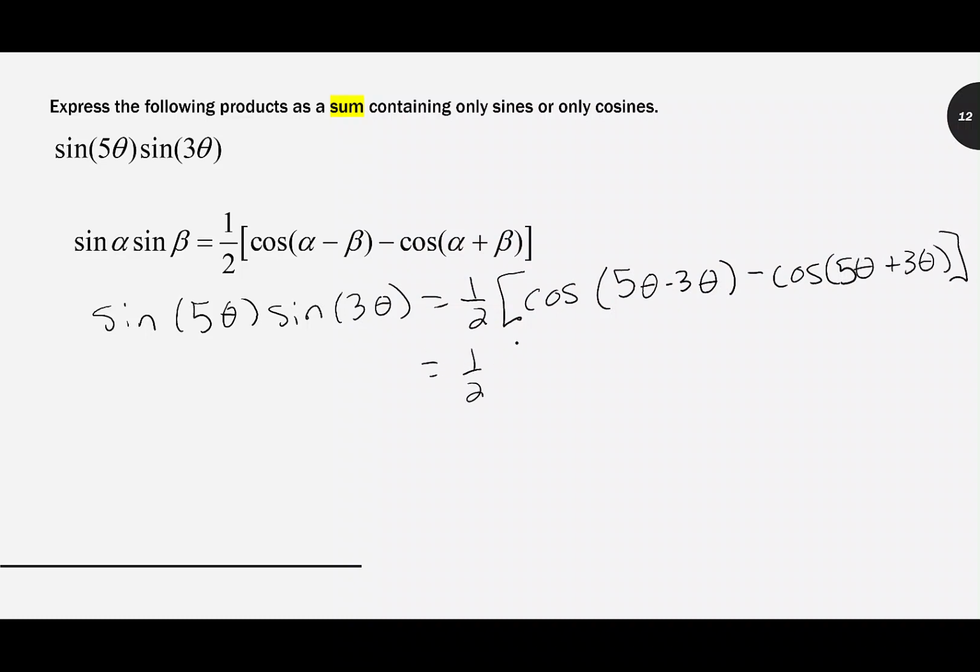This will be 1/2 times the cosine of 2 theta minus the cosine of 8 theta. Notice I'm not trying to distribute the 1/2. This is my final answer.